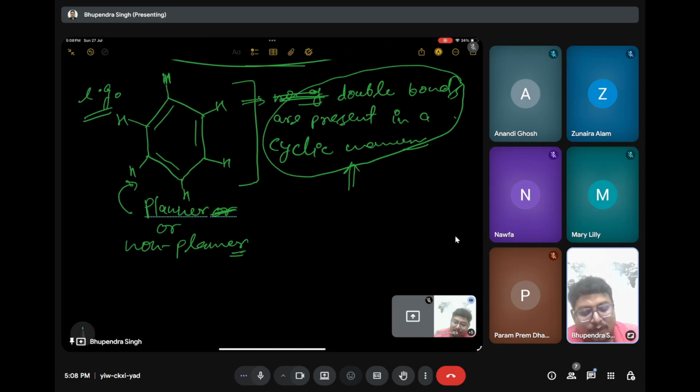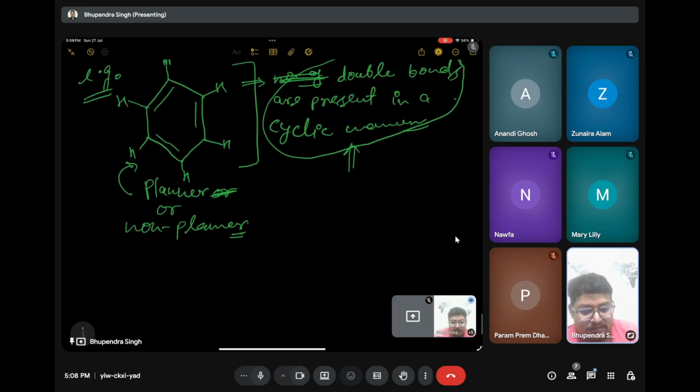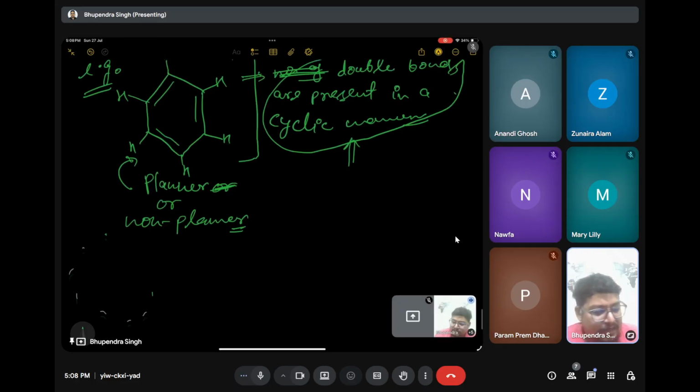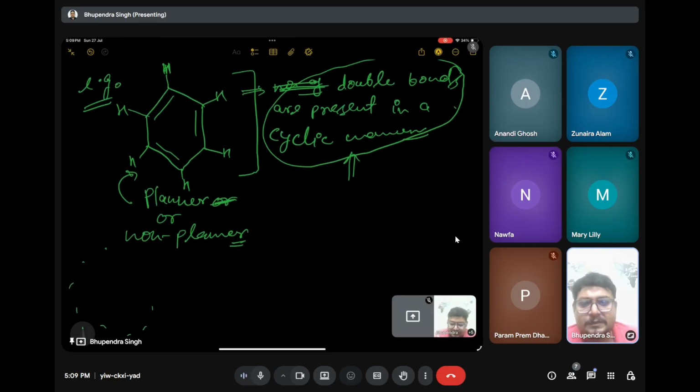We are going ahead of this course, but say you have a 10-carbon cyclic chain like this. It is not planar, so we will figure that out in other courses. Anyway, this is a planar molecule.